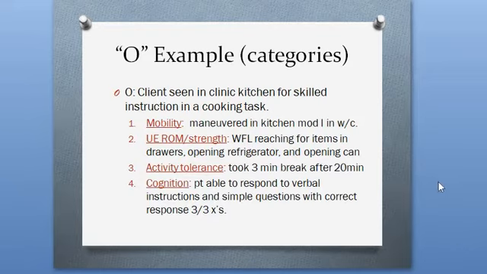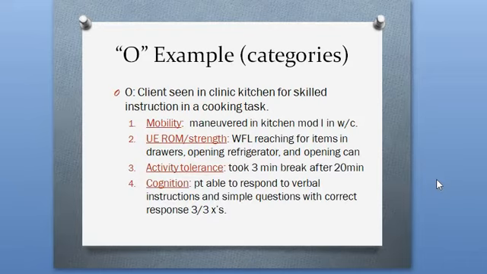So if you're writing that for upper extremity range of motion and strength, it's a great thing to write within functional limits. So their strength and their range of motion was just fine for completing that skilled cooking task. Would you do any range of motion or strengthening exercises for that client that day to improve the cooking task?